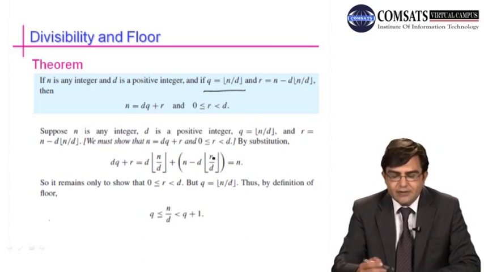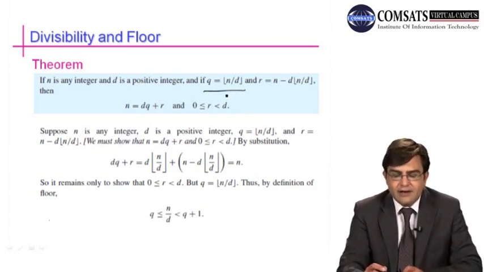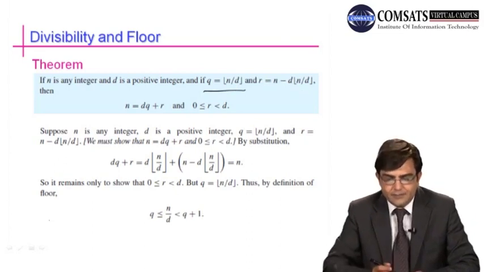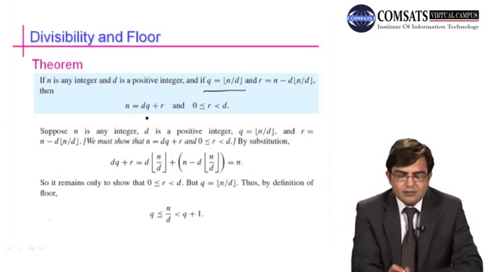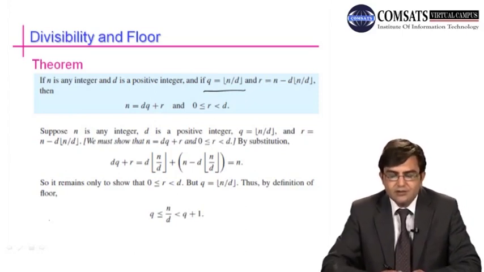We will see in the examples after this theorem why we can write q as a floor function of n by d. And r is equal to n minus d times the floor of n by d. Then we can write n is equal to dq plus r, where r must be greater than or equal to 0, but it must be less than d.